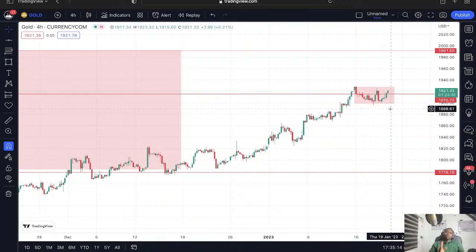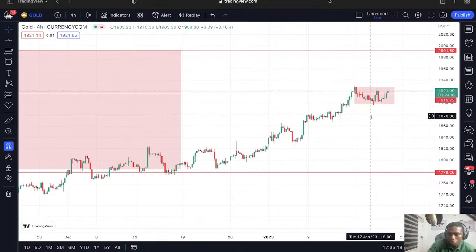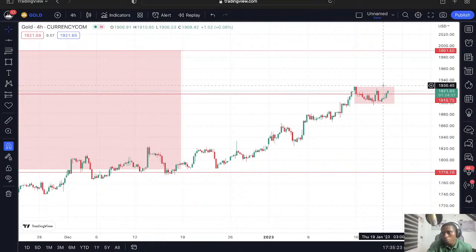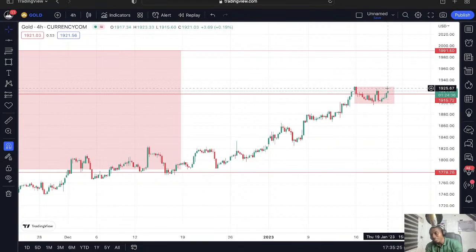Look through this region and see what happens within this region. Whatever happens within this region determines the next direction of gold. If you are trading within the day, intraday trader. Alright? So because 4 hours is suitable for intraday traders.